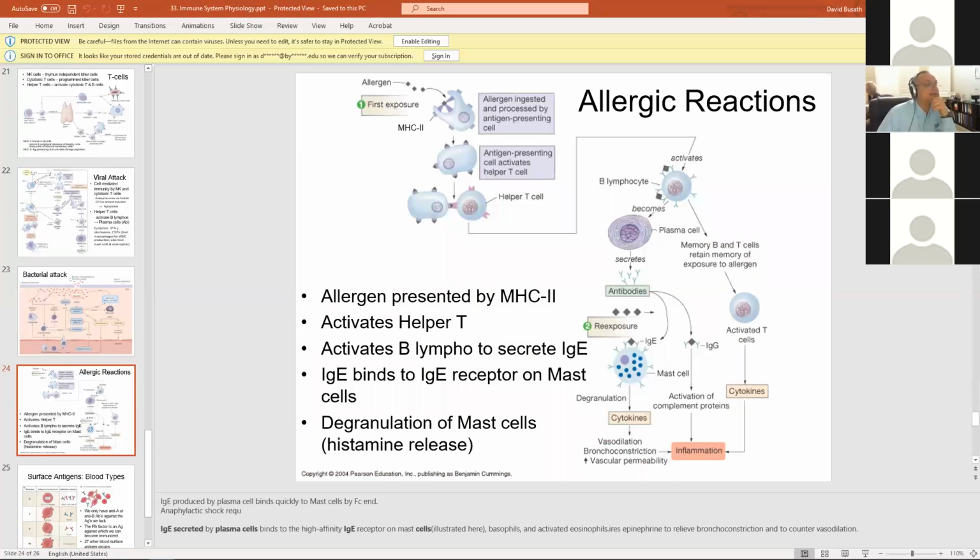The answer is that helper T cells activate B lymphocytes, and that helps them differentiate, convert into plasma cells that can secrete antibodies like crazy, and they do secrete IgG, which produces inflammation through complement cascade, but they also secrete IgE.